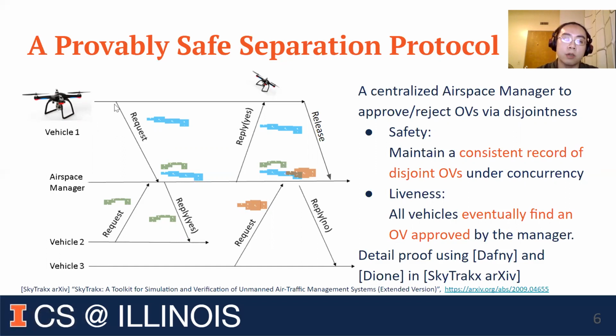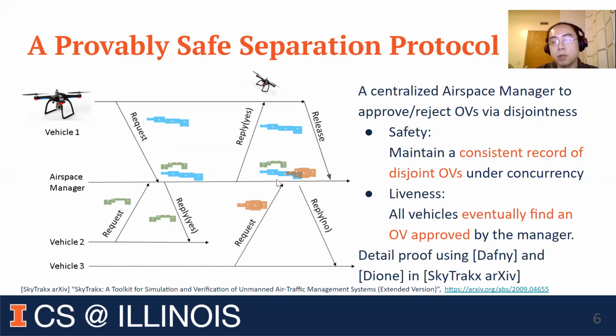And when vehicle 1 requested, it will check if the requested operation volume is disjoint with the pre-existing operation volumes. We check it is disjoint, so it will reply yes to vehicle 1. On the other hand, when vehicle 3 is requesting a new operation volume, the airspace manager finds that it's not disjoint with pre-existing operation volumes, then it replies no.